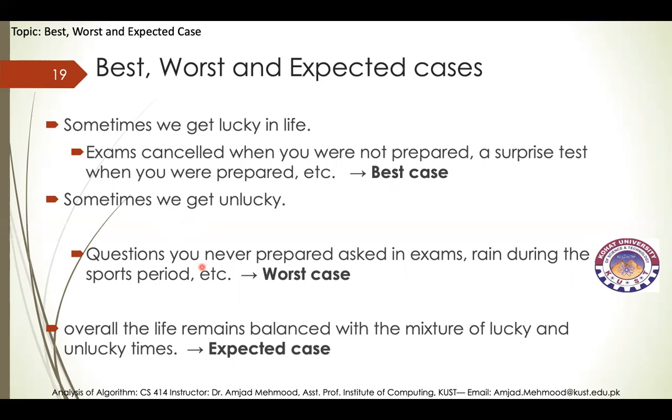These might be worst cases for you. And this is the expected case or average case. Overall, life remains balanced with a mixture of lucky and unlucky times. This is what we call the average case or expected case.